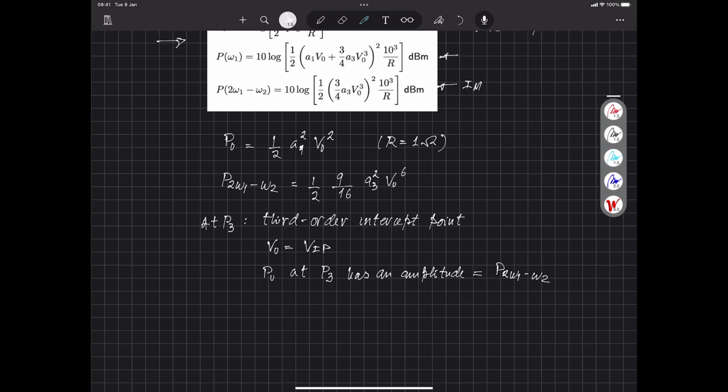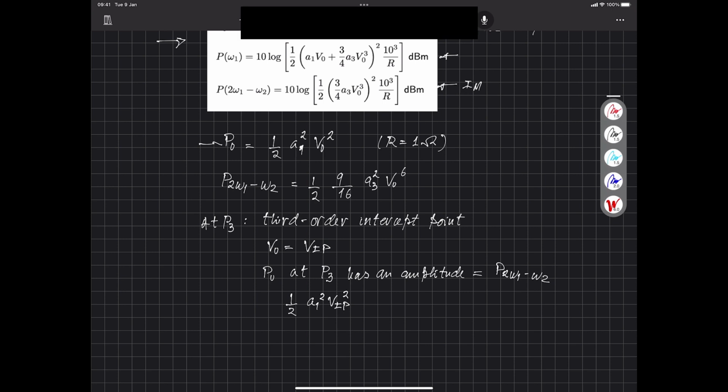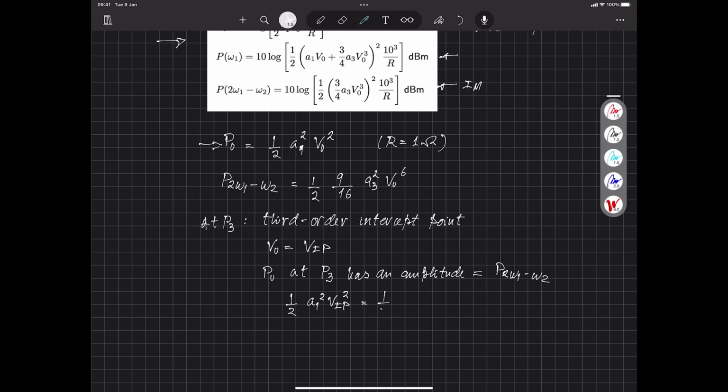And so we can write 1/2 A1 squared V IP squared, from this equation here, equals 1/2 of 9/16 A3 squared times V IP to the power of 6.